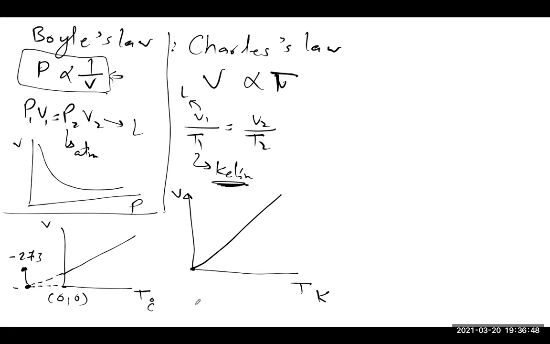And this is how we convert between T Kelvin and T Celsius, which is 273 plus T Celsius. So this will be for Charles' law. And the third one will be Gay-Lussac.